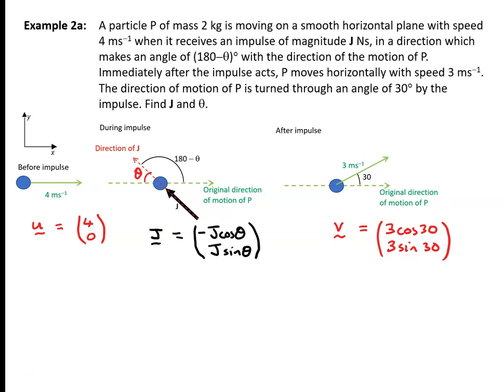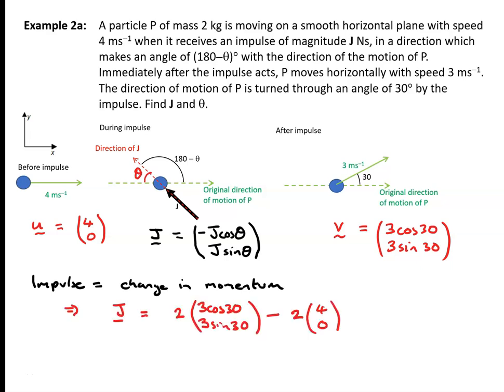Impulse equals change in momentum now gives me J must equal 2 times the final velocity, which is (3 cos 30, 3 sin 30), minus 2 times the initial velocity (4, 0). In other words, we've got J must be (minus 2.8043, 3). So we've found the impulse as a vector.